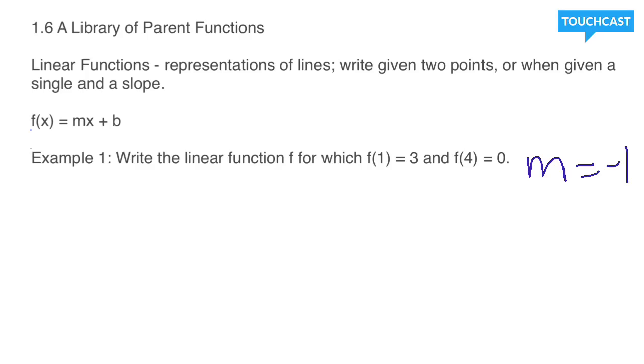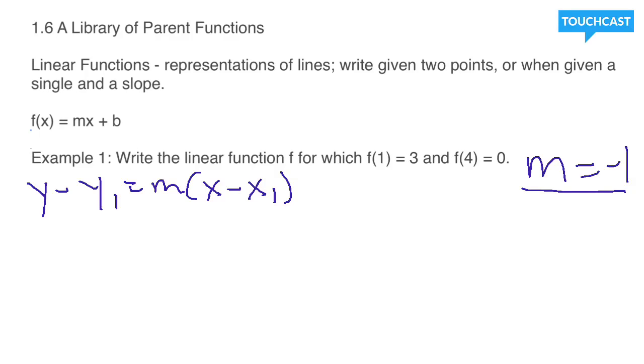And as a reminder from Algebra 1, the point-slope form of the equation of a line is y minus y1 is equal to m times x minus x1. We've got our m, and we can take either of the points we're given and plug them in for y1 and x1. So let's just use the first one again.